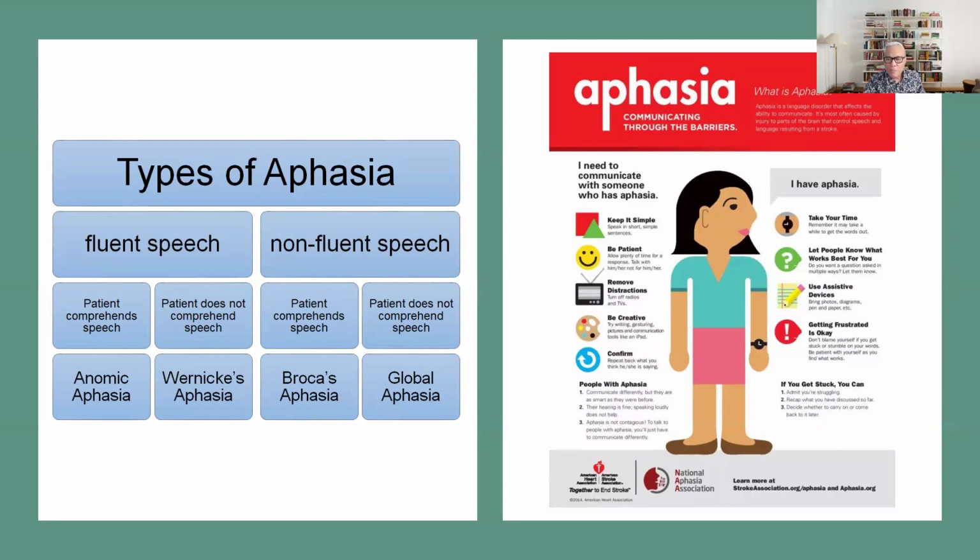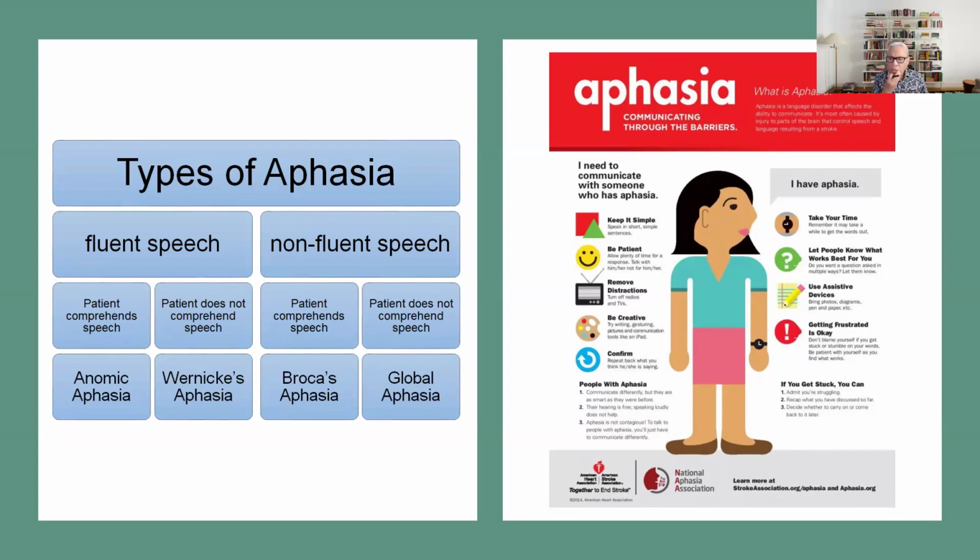And then there's something called anomic aphasia. Anomic aphasia is a less severe type of aphasia, and usually this involves a struggle to use the correct name for objects or events. The last type of aphasia is global aphasia.